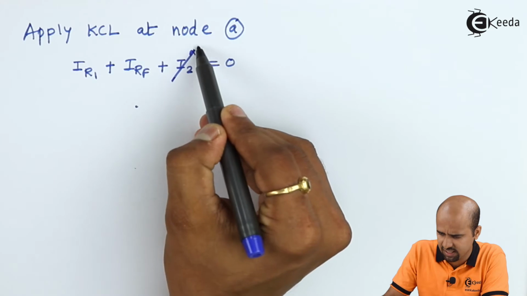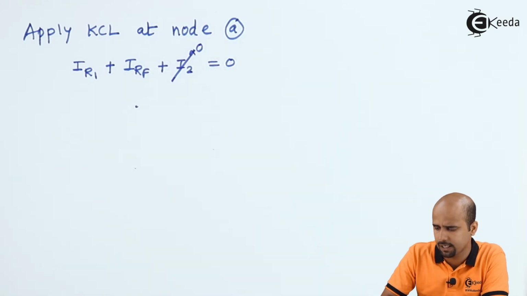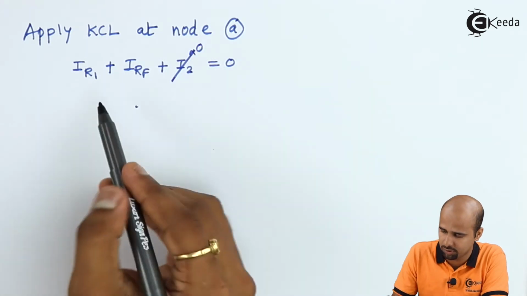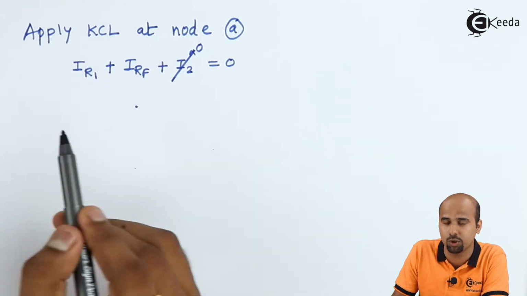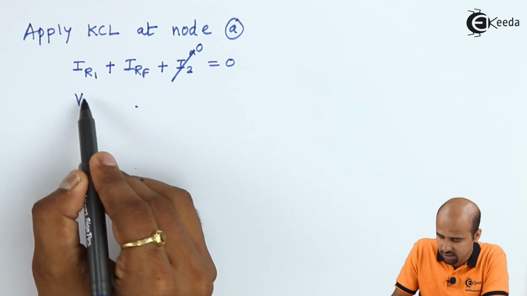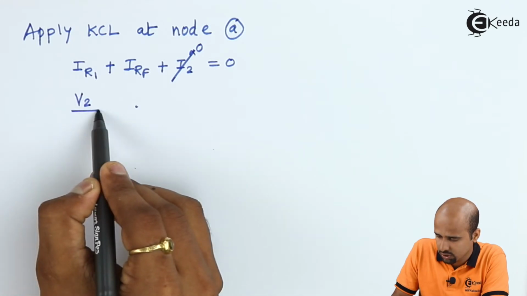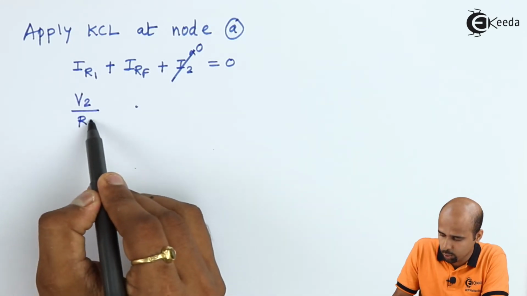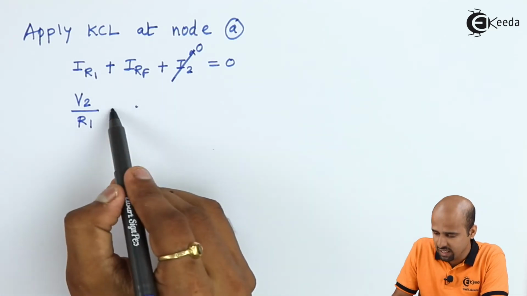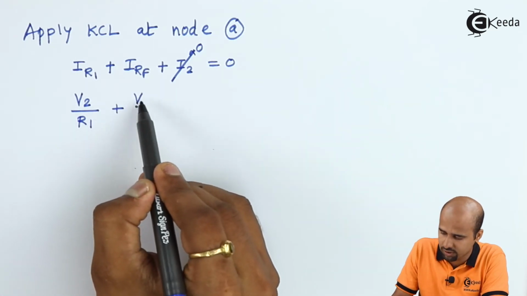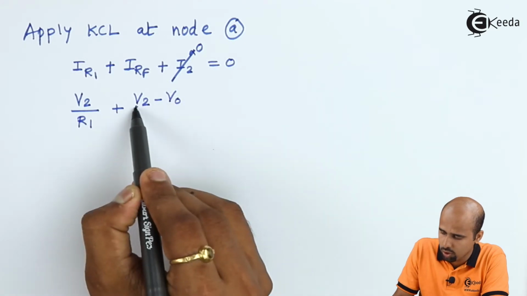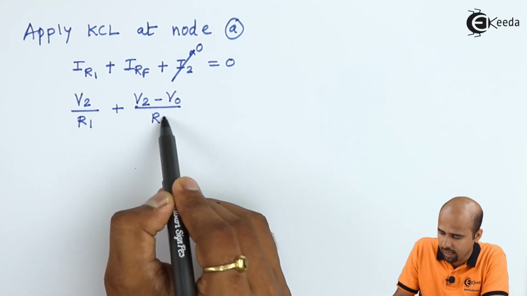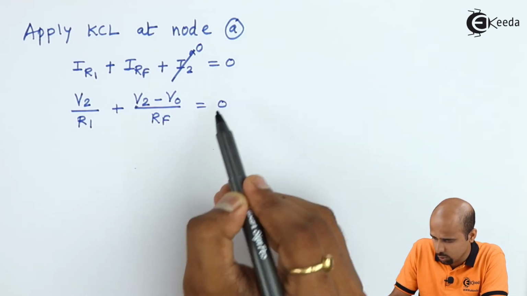I2 is negligible, so we can say that I2 is equal to 0. We will not mention it. And the value of IR1, as it is going away from the node, is nothing but V2 divided by R1. For IRF, we will mention (V2 minus VO) divided by RF is equal to 0.